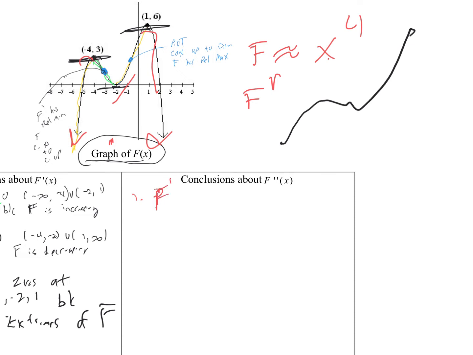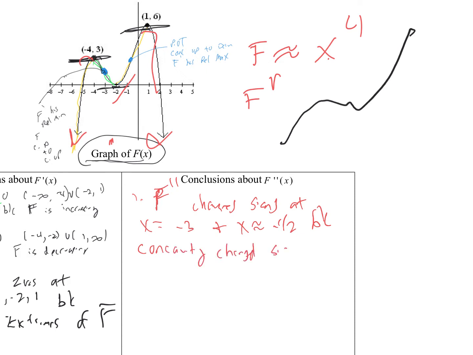F double prime changes signs at x equals -3, and x is approximately -1/2, because concavity changed signs.